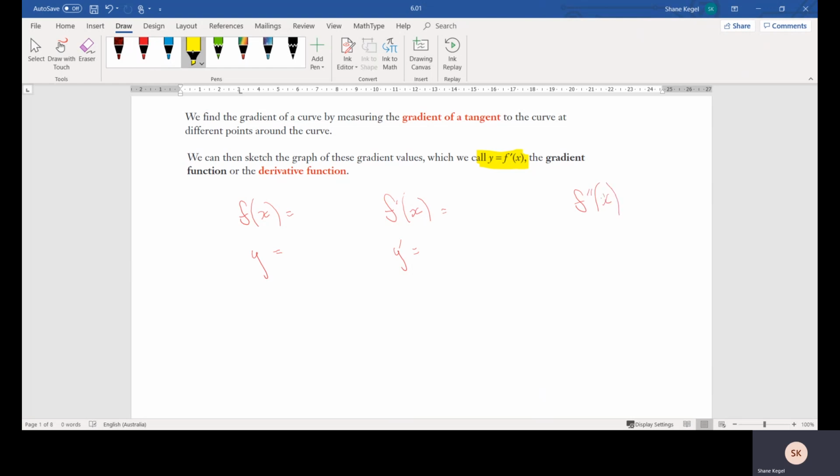What we're focusing on is our single dashes, or our gradient functions, or derivative function. When we find f dash of x, we're finding the gradient function, a function we can plug values of x into that will tell us what the gradient is at that point on the curve.